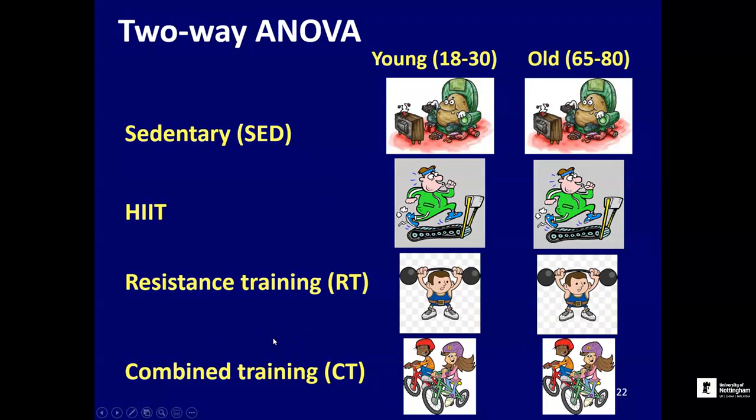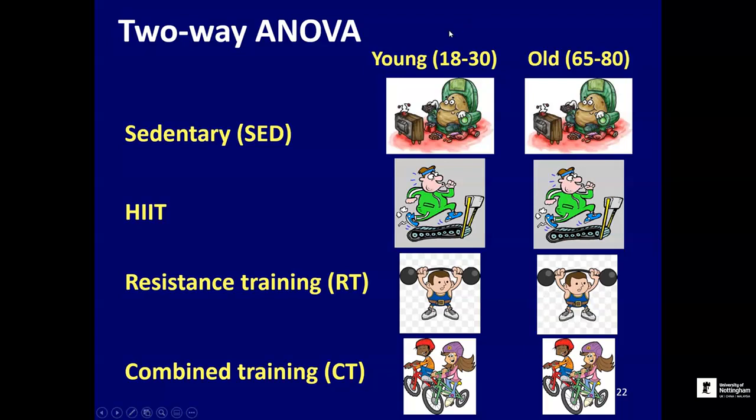And the idea was to look at which, if any, of these regimes might improve mitochondrial function. But the key thing was we were interested in how older people in particular are affected by exercise, and whether the general problems that we see with old people compared to young are rectified by the training.